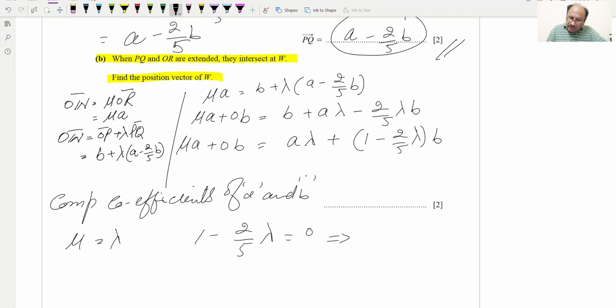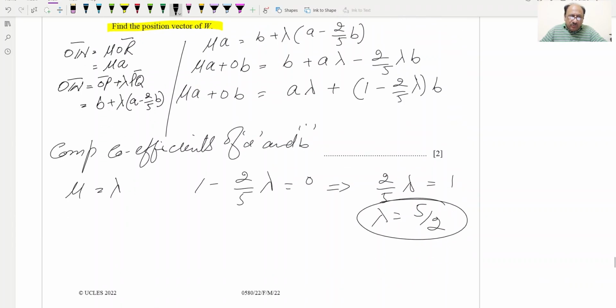So this implies 2 over 5 lambda is equal to 1. So lambda is equal to 5 by 2. This will be the lambda value, and mu is equal to lambda, which is equal to 5 by 2. So this implies mu also is equal to 5 by 2.